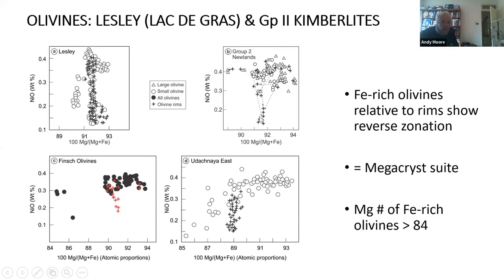Again, these are the edges, the crosses, and the iron-rich olivines never get down to the iron-rich compositions that we see at Letseng, for example. They only get down to just about Fo84, or magnesium number of 84.